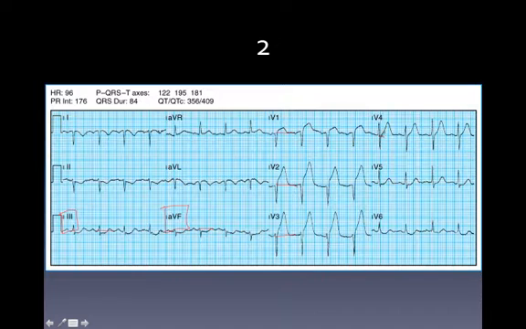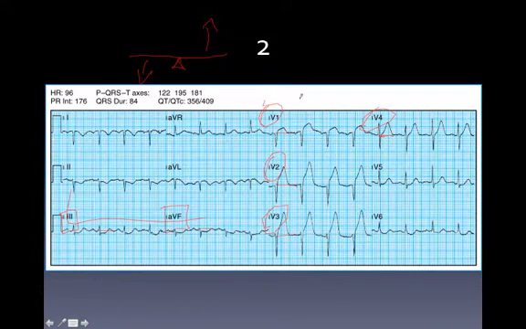Probably a little bit of elevation, just about a millimeter. Do I have a reciprocal change? The answer is yes. I do have a reciprocal change. V leads, 2, 3, and AVF would be on my other side of this.